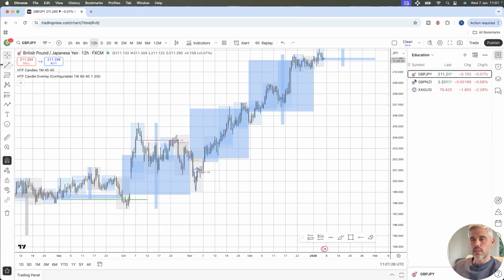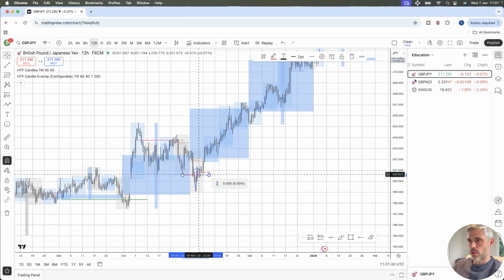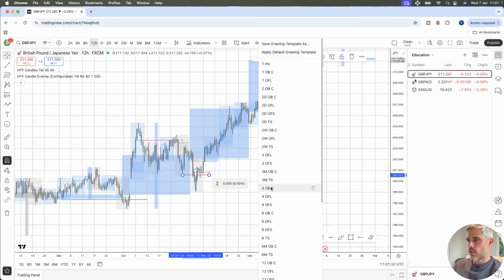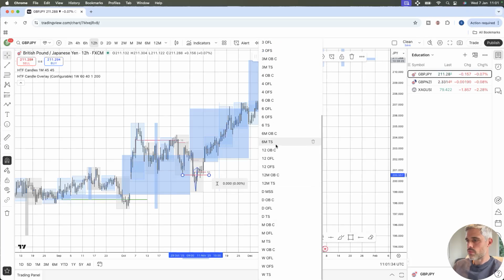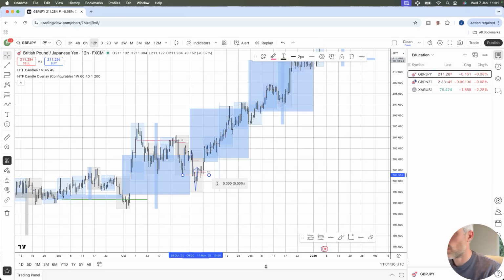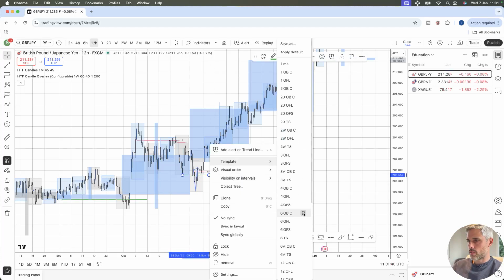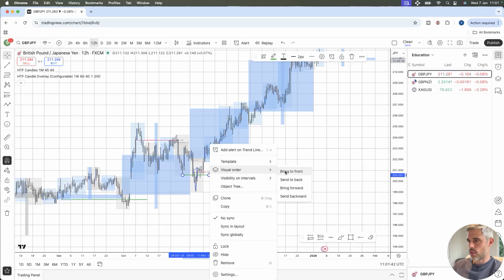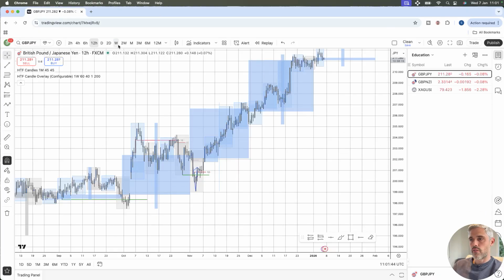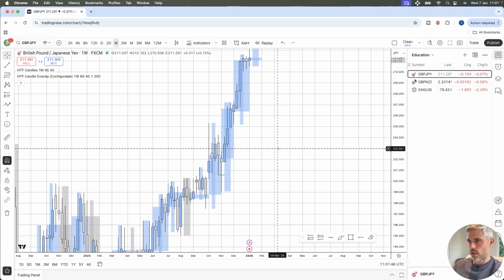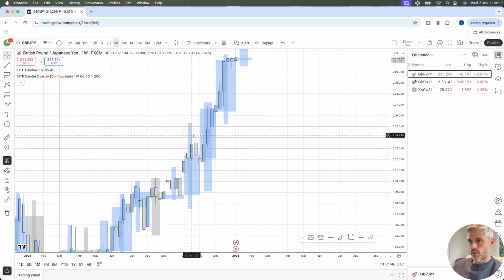And what have we actually still had? We've had a break below and a close inside this weekly candle. So there it is. I'm calling that a weekly turtle soup right there.